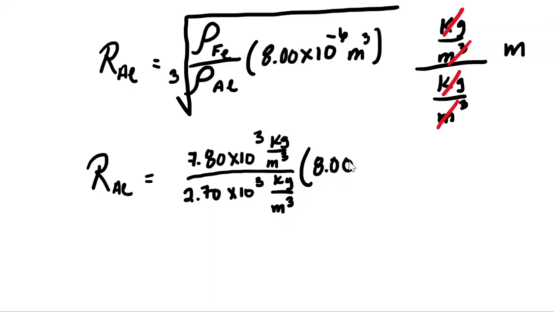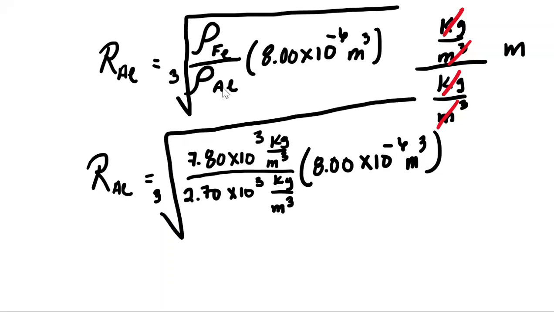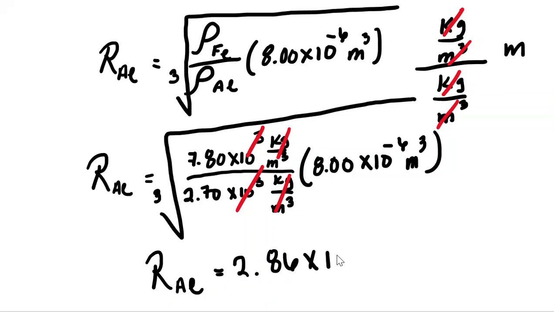And multiplying by this quantity here, 8.00 times 10 to the negative 6 cubic meters. And again, that's all underneath this cube root. So again, our units cancel. We could also cancel off these 10 to the third powers. So we find that the radius of aluminum is going to equal 2.86 times 10 to the negative 2 meters.